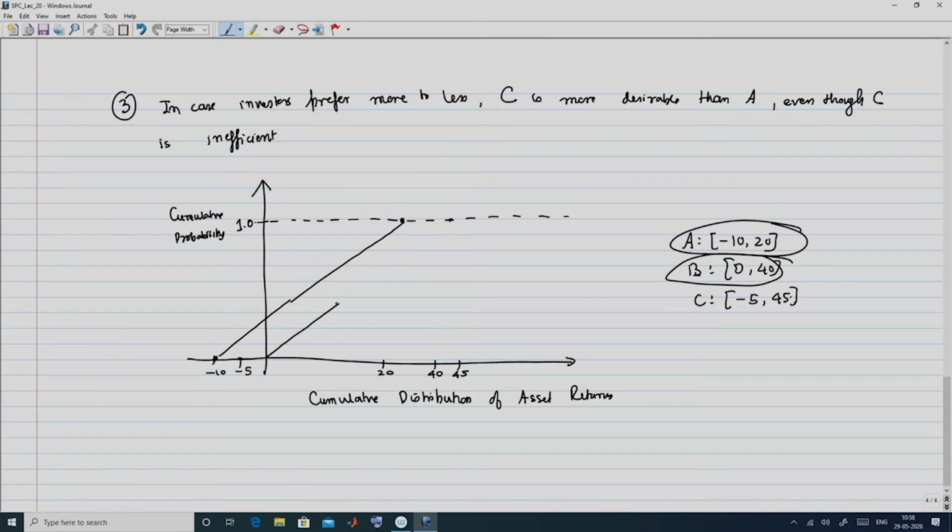So, from 0 to 40, the graph is going to look like this, and C is from minus 5 to 45. So, 45 is here. So, I start off with minus 5 and then I go all the way to 45. So, this is A, this is going to be B, and this is going to be C. So, this is the cumulative distribution. All right. So, now we can make some observation.